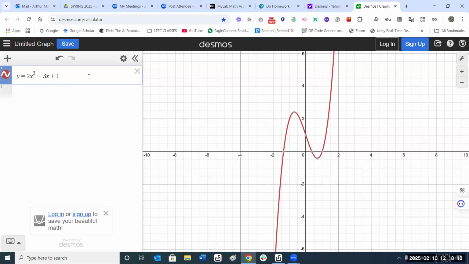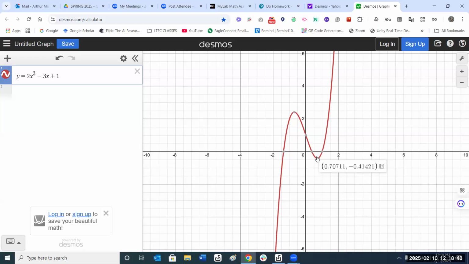So do we have any absolute maximum minima? No. Because it's a cubic function, we know there's opposite directions. So there's no absolutes. We only have locals. And the local maximum would be here at negative 0.707, and the local minimum would be at positive 0.707.